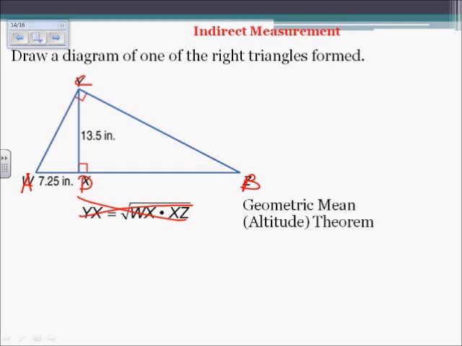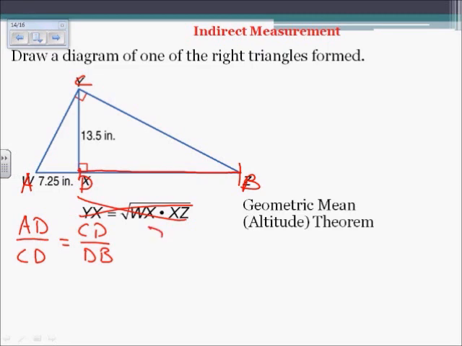So we'll use the proportion AD over CD is equal to CD over DB. And DB is really the length that we want. This is the large rod that will add to the kite. So we fill in the information that we know.